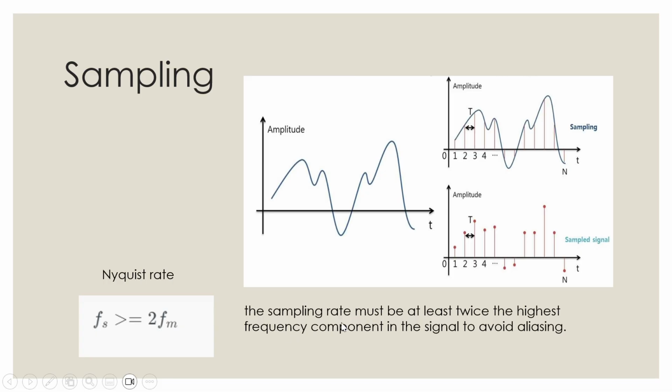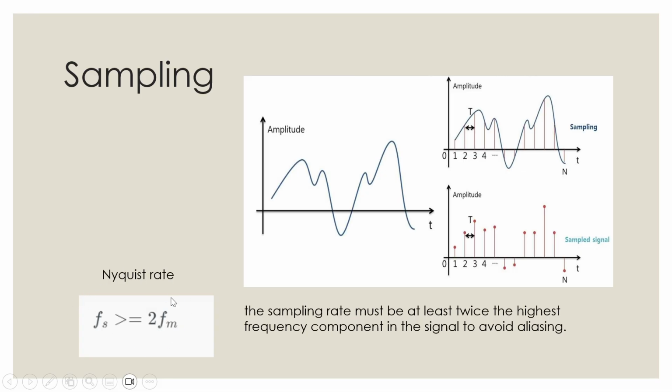The sampling rate should be at least twice the highest frequency component in the signal to avoid aliasing. This effect is called aliasing. Whenever we sample the signal with a frequency greater than 2 FM, we can avoid aliasing. This is called the Nyquist rate.